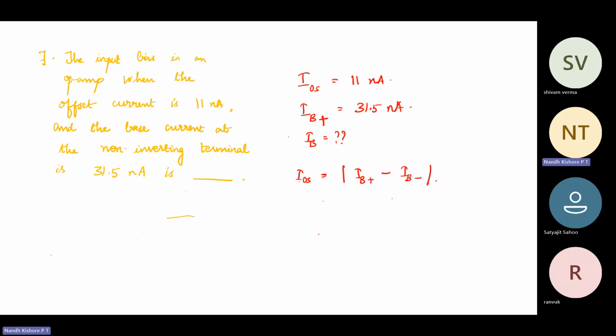This is your offset current. So this is step number 1, right? That is, your IB plus, which is 31.5 nano, minus IB minus is equal to I offset, and I offset is 11 nanoamperes. So you get your IB minus. What is IB minus?